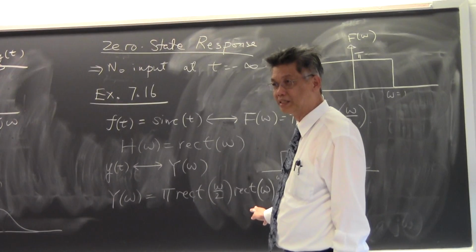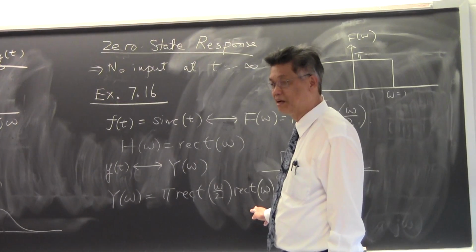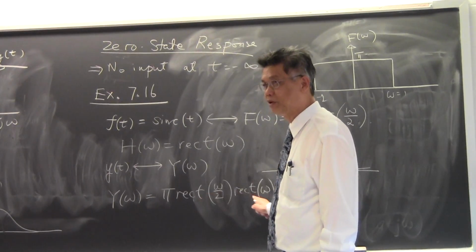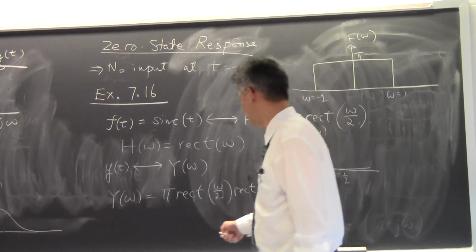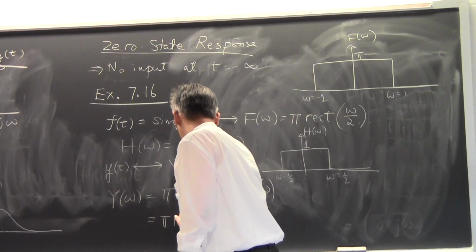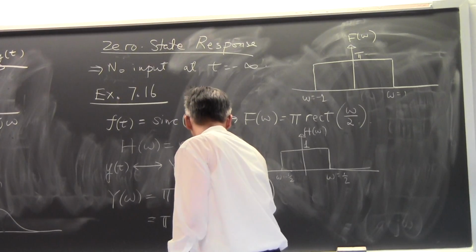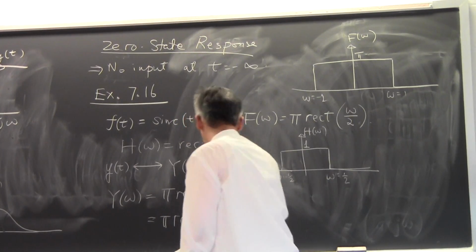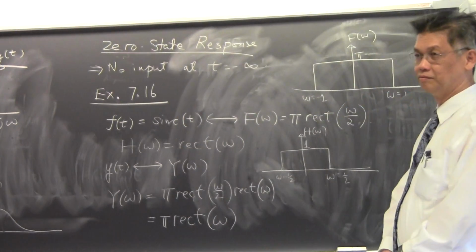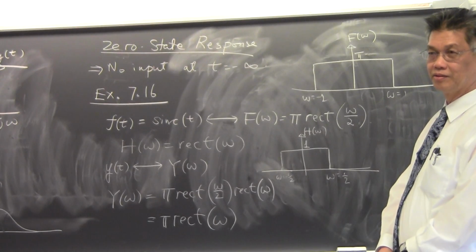The narrow one takes over, right? Both of these have value of 1 at the peak. So finally it just becomes the rect of the narrower function, which is this one. Okay? Do you agree with that?